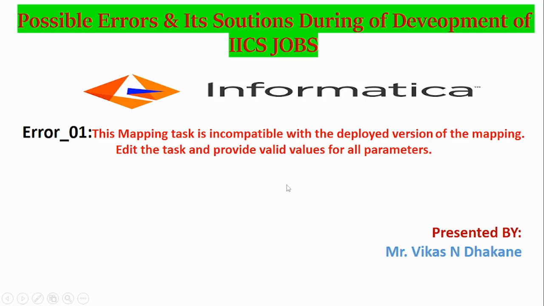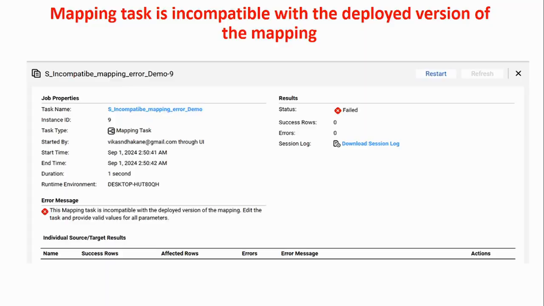So what can be the reason for this? First I will explain theoretically, and then I will demonstrate practically how we can deal with this kind of error. You will get this error message when you add some parameter in your mapping, but you forget to reselect your mapping in the mapping configuration task or in the session, and you directly run the session.